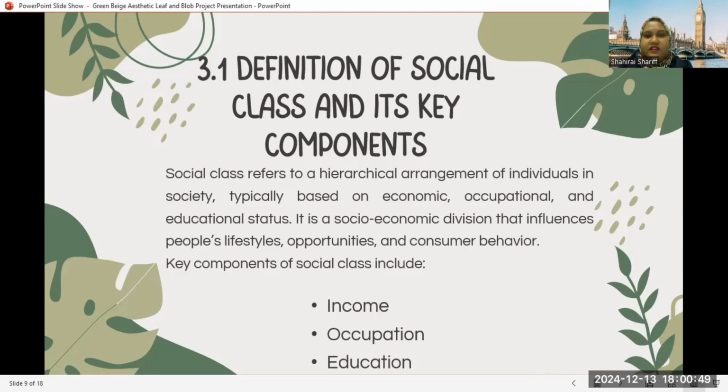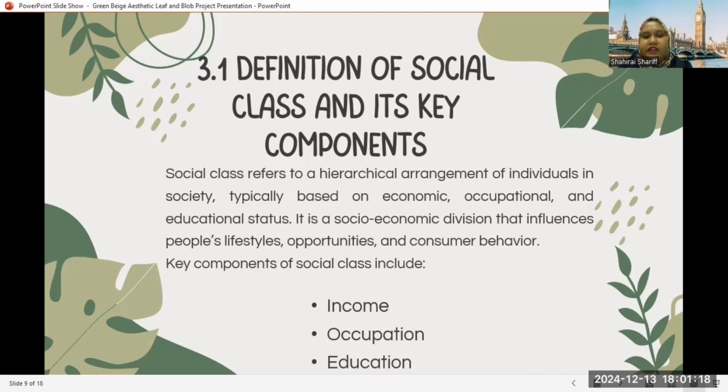3.1 Definition of social class and its key components. Social class refers to the hierarchical arrangement of individuals in society, typically based on economic, occupation, and education status. It is a socio-economic division that influences people's lifestyle, opportunities, and consumer behaviors.